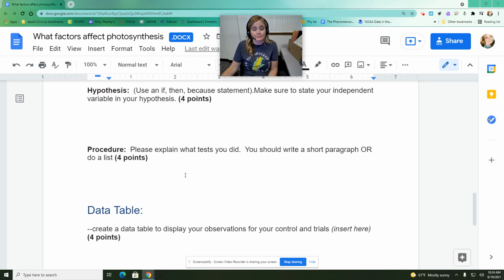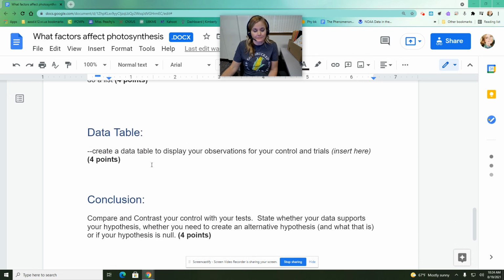But again, explain what you did. And then there are 2 more steps: create a data table to show your observations. Maybe you're counting the number of oxygen bubbles, but you need to create a data table. Don't just list your data, put this in a table form, okay? So some sort of a data table.